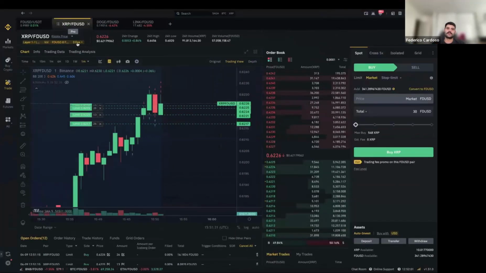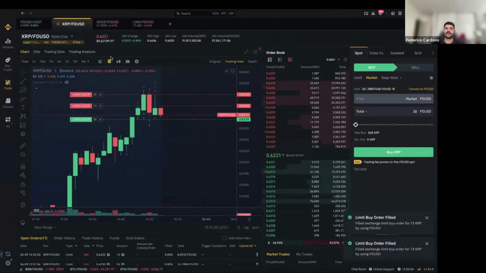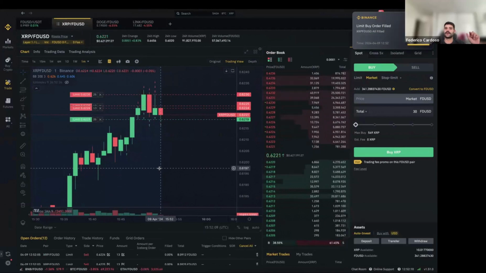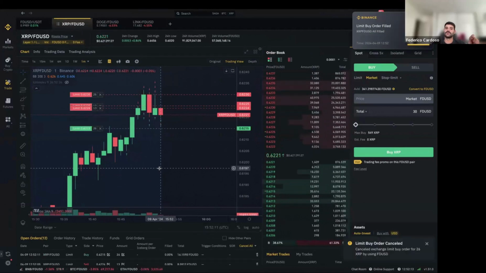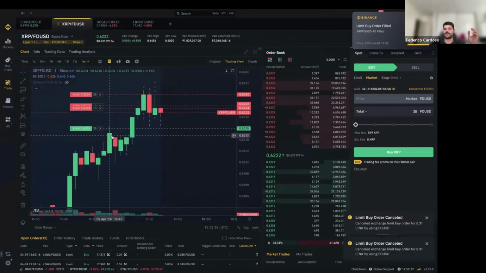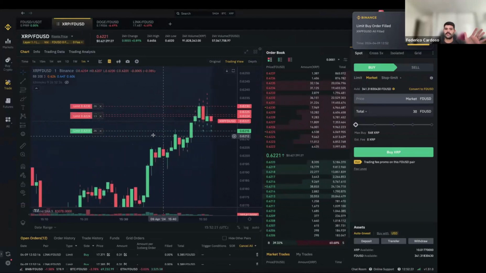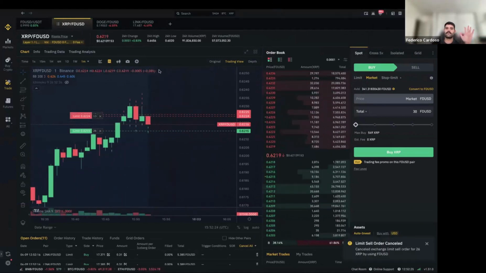I'm enjoying the zero fees on FDUSD, and that's why we have the spreads so tight and are able to do this. If we were trading in a market that doesn't have zero fees, we would not be able to do something like this. But this is the view of how a market making strategy usually works.